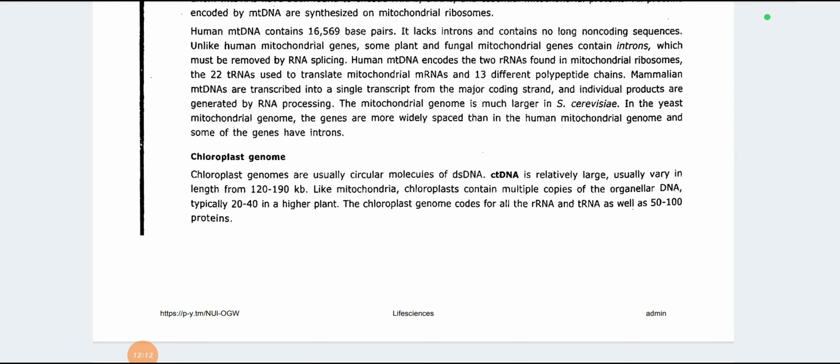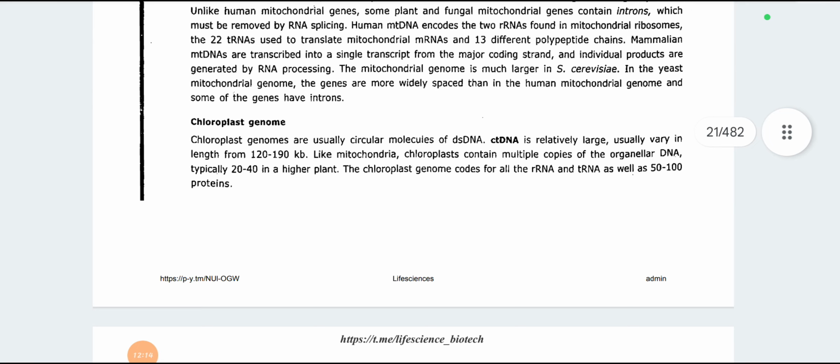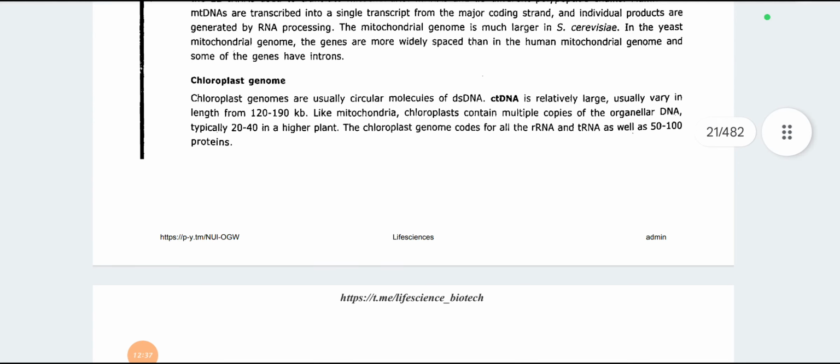Human mitochondrial DNA encodes the two RNAs found in mitochondrial ribosomes, the 22 tRNAs used to translate mitochondrial mRNA, and 13 different polypeptide chains. Mammalian mitochondrial genes, which do not contain introns, are transcribed into a single transcript from a major coding strand, and individual products are generated by RNA processing.